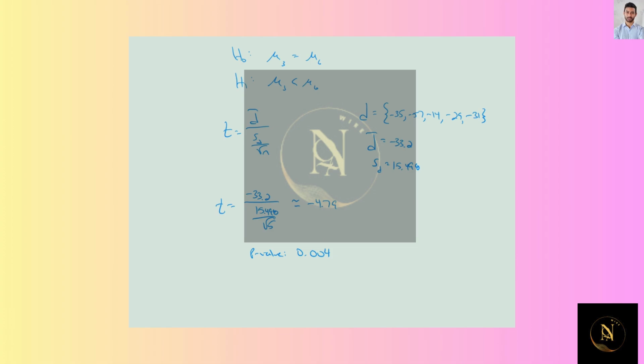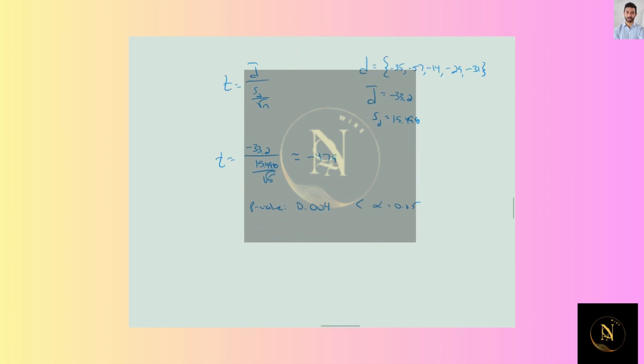And since this is less than our alpha of 0.05, we would reject the null hypothesis in favor of the alternative. This indicates that there is significant evidence to conclude that the mean compressive strength of the concrete is greater 6 days after pouring compared to 3 days after pouring.